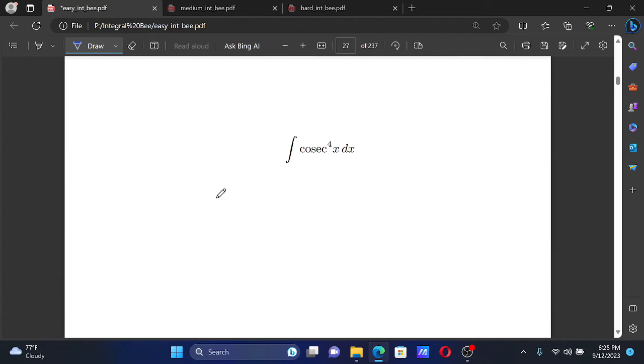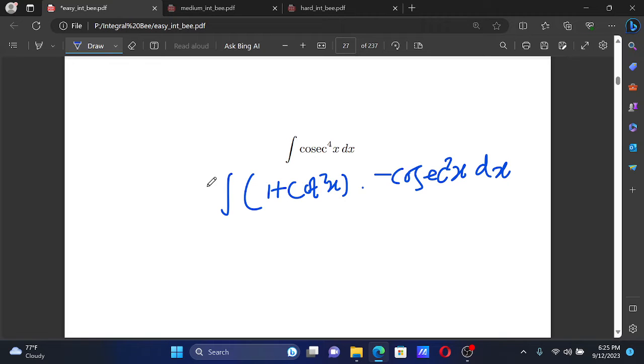For this one we can do something like this. We can first write cosec to the power 4 x as a product of cosec square x and cosec square x, and then one cosec square x can be changed into 1 plus cot square x, and the other as it is, with a minus sign so that it's the derivative of cot x.